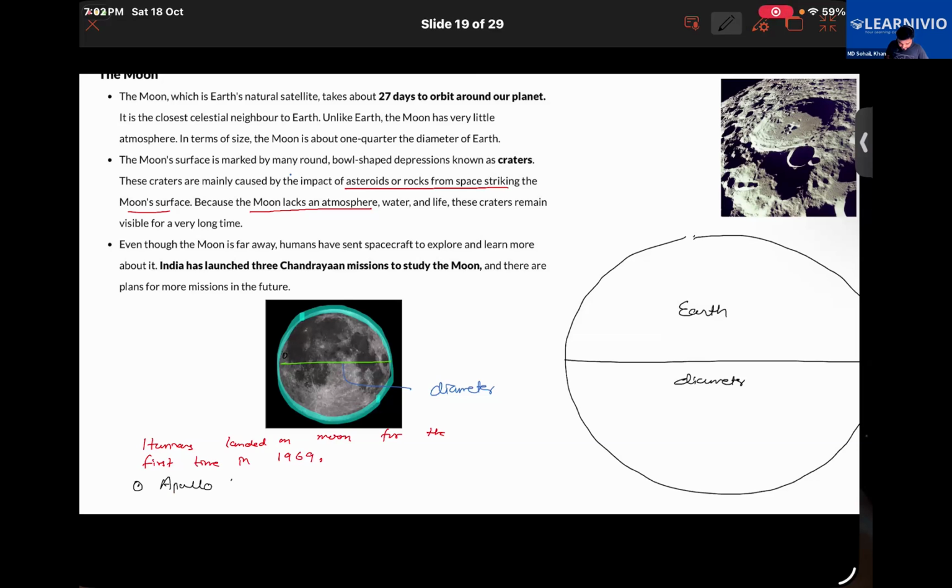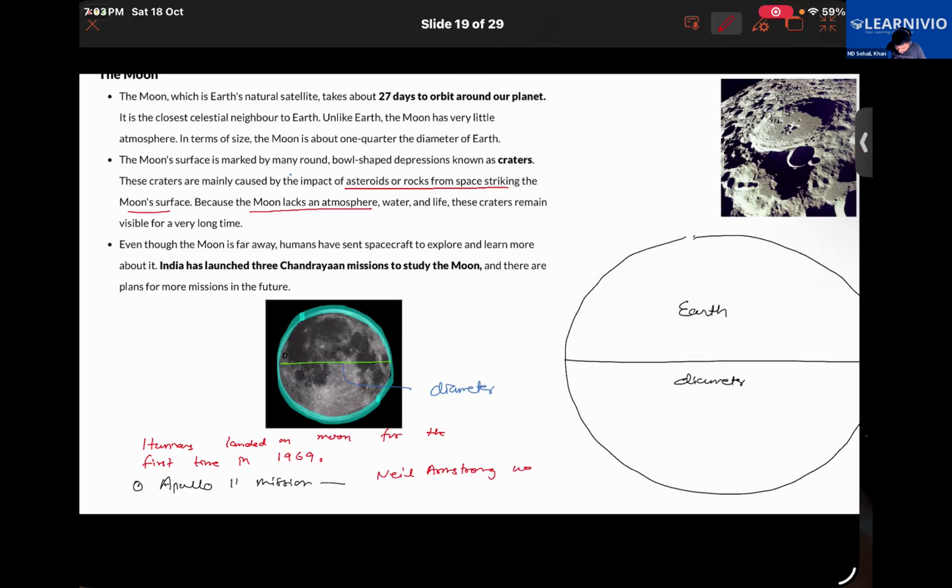Good. So, the Apollo 11 mission. Several astronauts were in this mission, for example, Neil Armstrong and Buzz Aldrin. The first astronaut to step on the moon was Neil Armstrong.